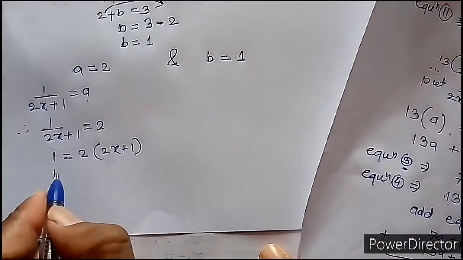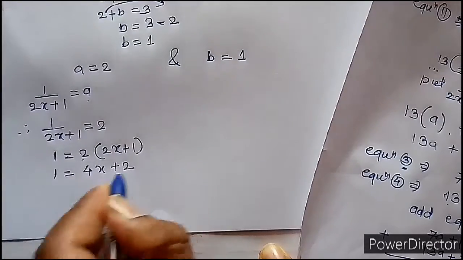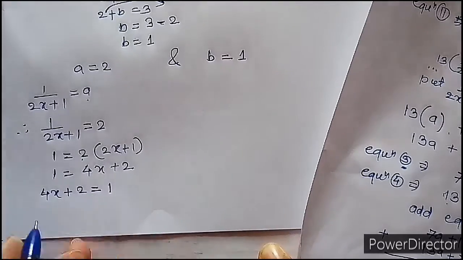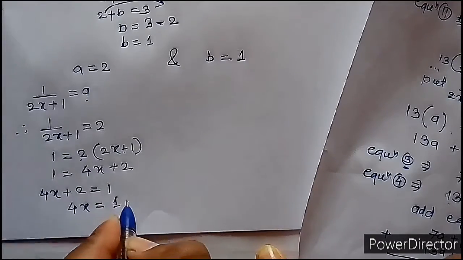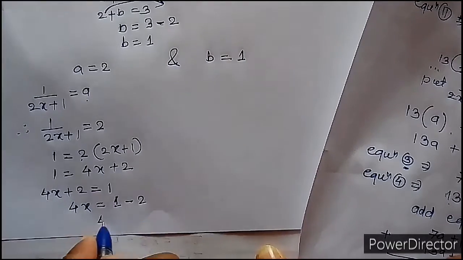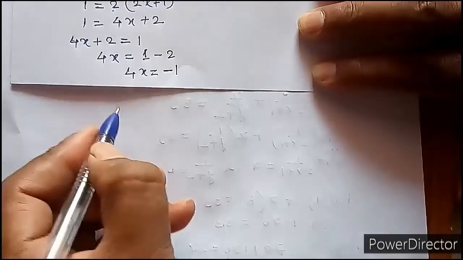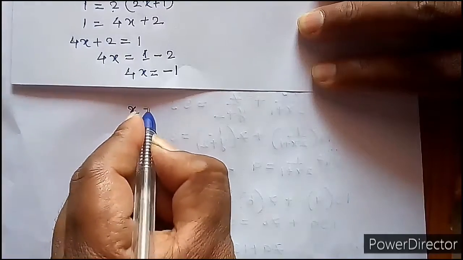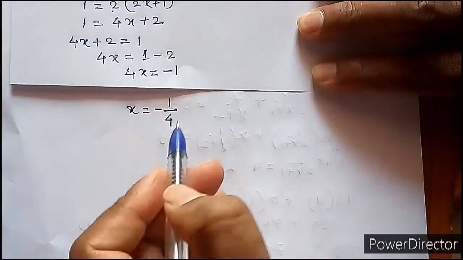Here 1 equals 4x plus 2, so 4x plus 2 equals 1. That is 4x equals 1 minus 2, that is 4x equals minus 1. Therefore the value of x becomes minus 1 divided by 4. Here we get the value of x.